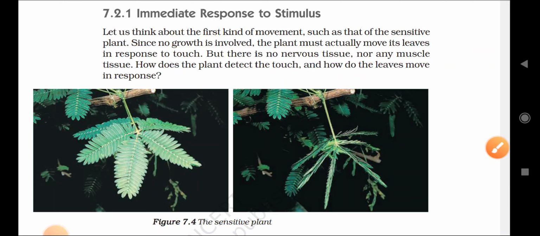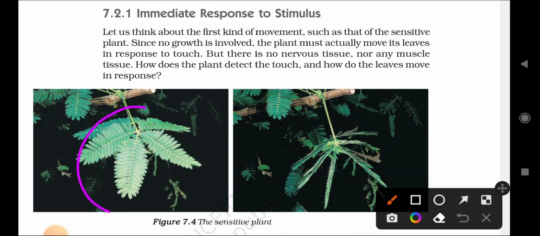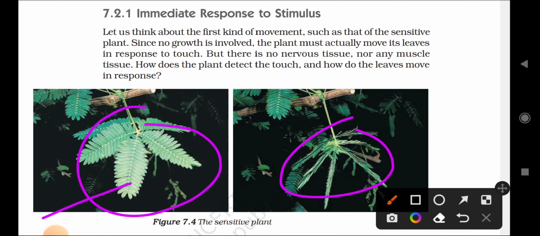Okay, next question comes here. When we touch the touch-me-not plant, it moves its leaves like this, changing their shape and position. The plant does not contain any kind of nervous tissue or muscles.